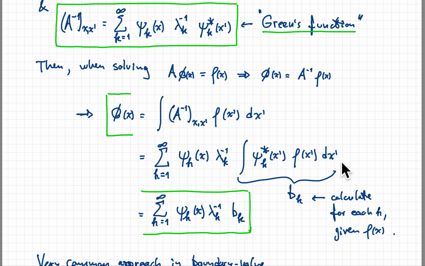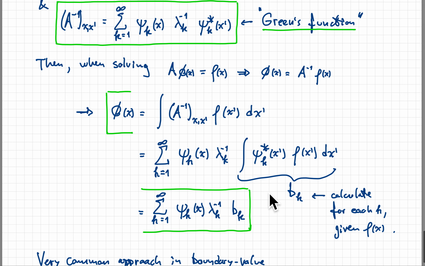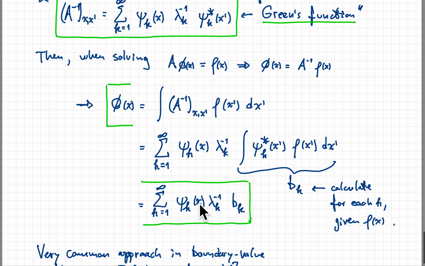And this is something you can in principle do, because this rho of x prime is given to you, and this one you know. And so you calculate this, and then you form this combination, and you get your final answer, which is a function of x, which results from summing from k equals 1 to infinity, psi k of x, lambda k inverse, so the eigenvalue inverse, and this b k that you calculate separately.